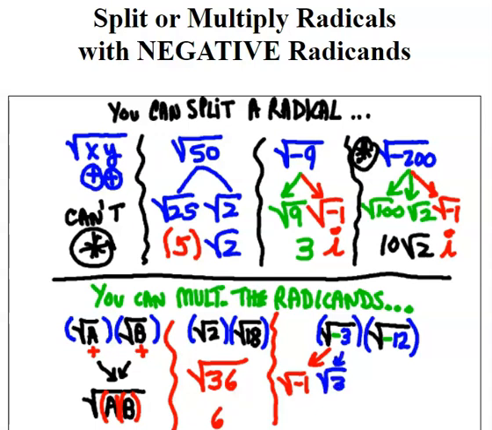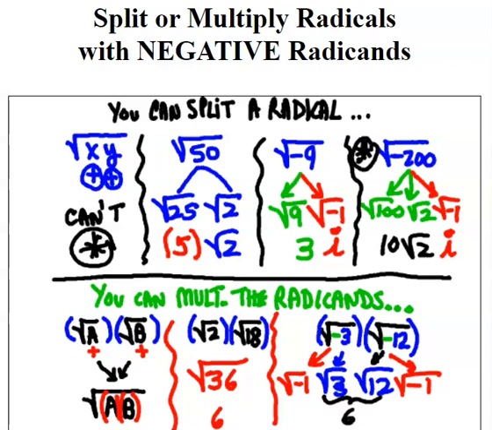And then the second one I'm going to split up into square root of 12 times the square root of -1 again. So this gives us 2 in the middle become radical 36, which is 6.